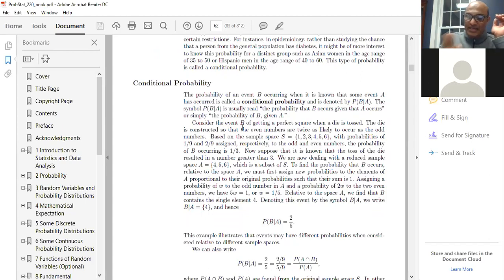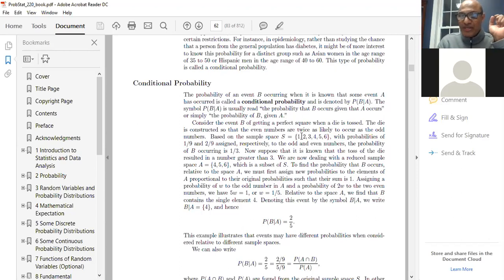Now, when you toss a die, we have 6 outputs, either 1 or 2 or 3 or 4 or 5 or 6, because there are 6 numbers on a die. So if you toss a die, you have sample space 1, 2, 3, 4, 5, 6.